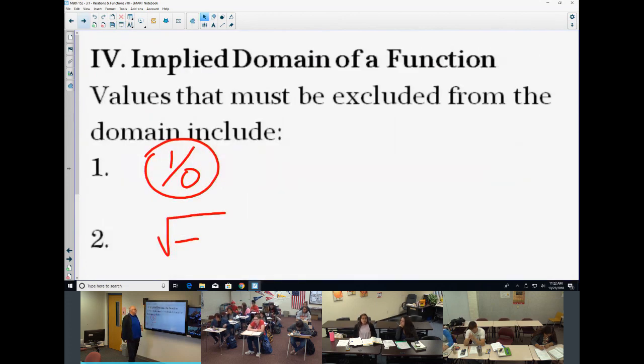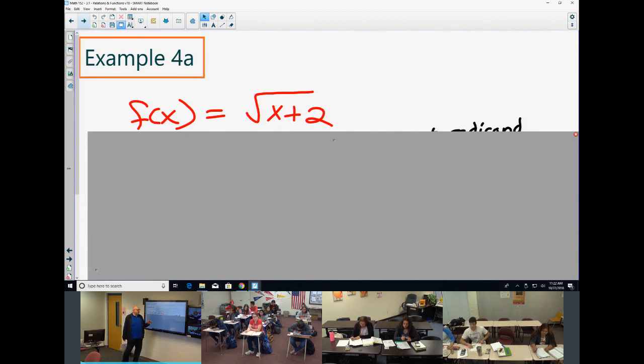Okay, so the implied domain. Again, this kind of goes back to those symbols that I had. Values that must be excluded from the domain include zeros in the denominator and negatives underneath the radical. So you can write that out in words, or if you want to just write the symbols like I do. So if I want to know the domain there, basically this cannot be negative, whatever x plus 2 is.